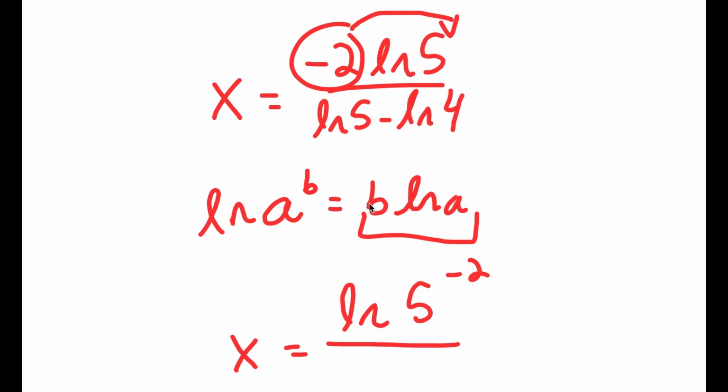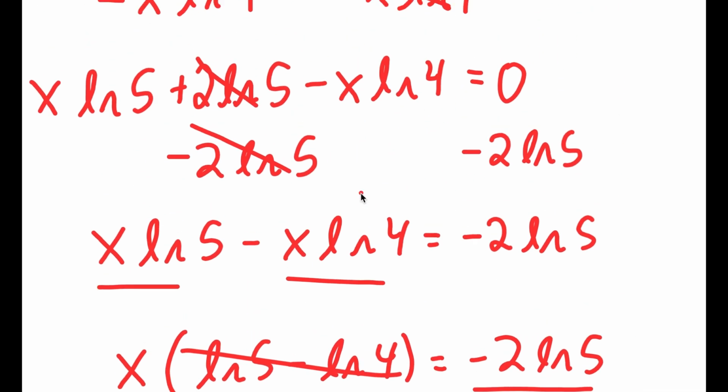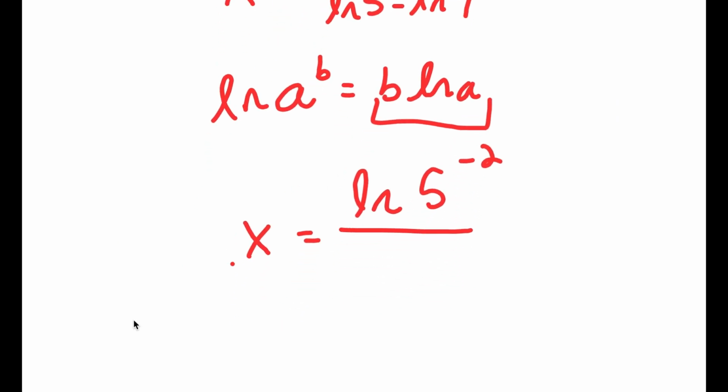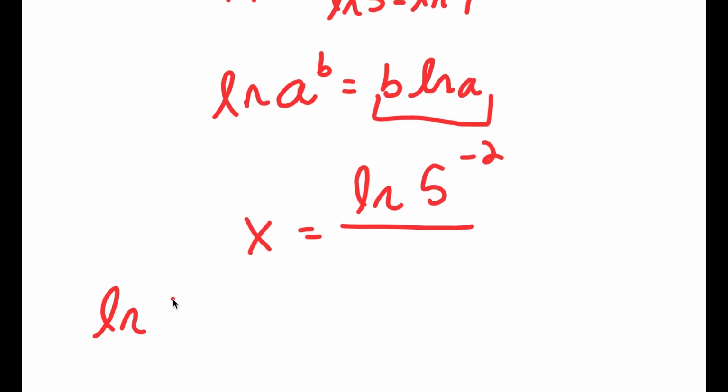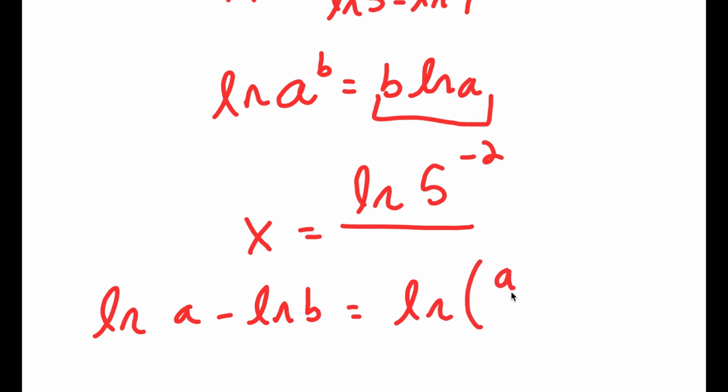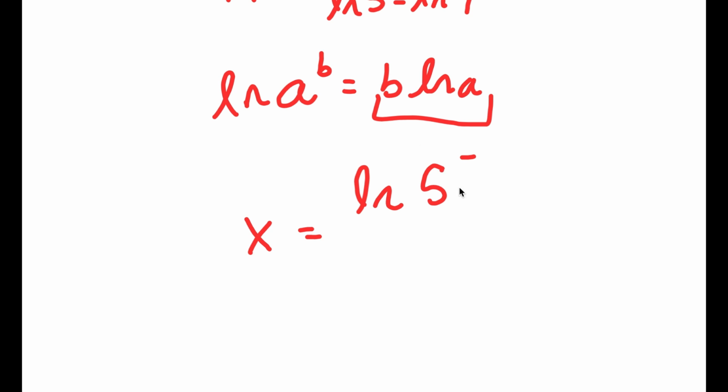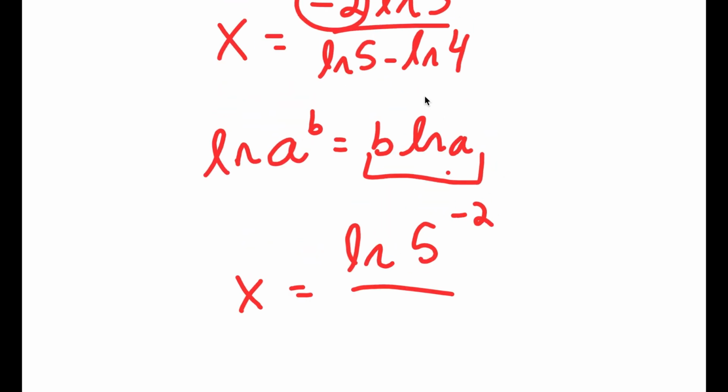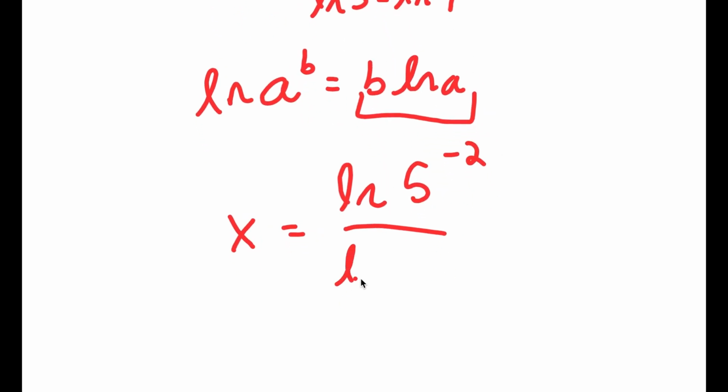And now, if I have something in the form ln a minus ln b, this is equal to ln of a over b. So this is going to equal ln 5 minus ln 4, which is the same thing as ln of 5 over 4.